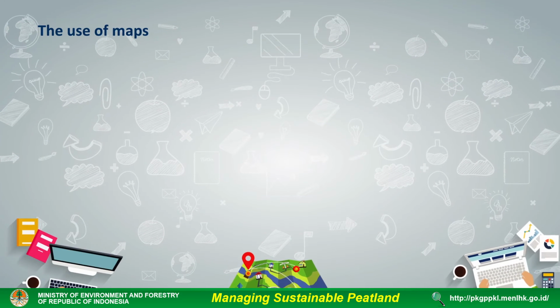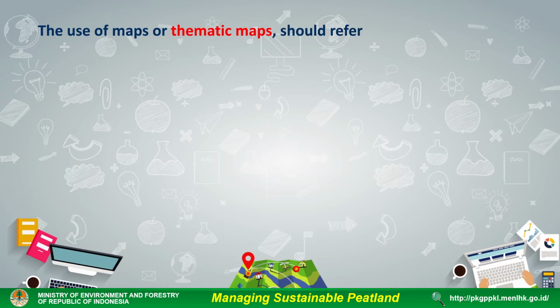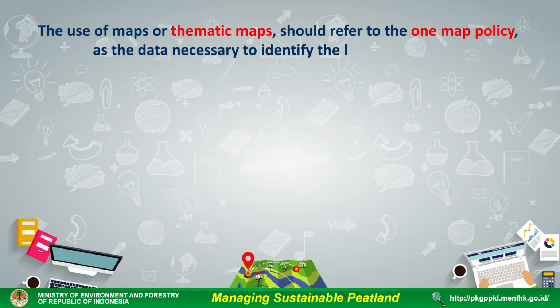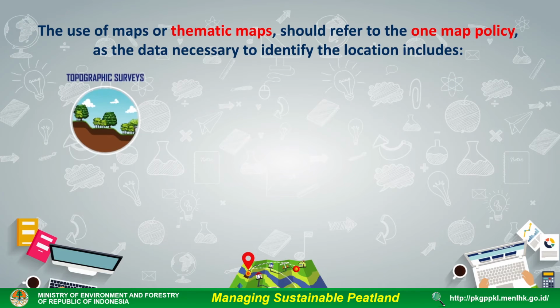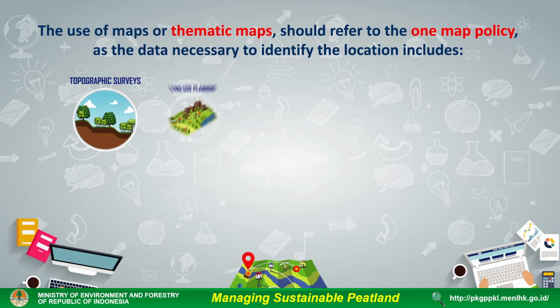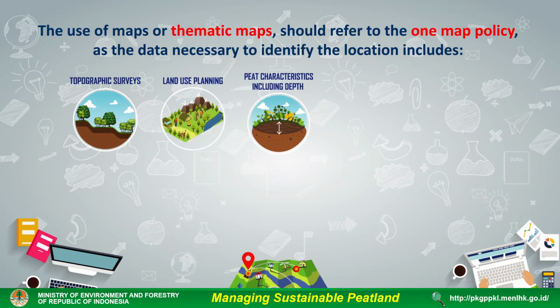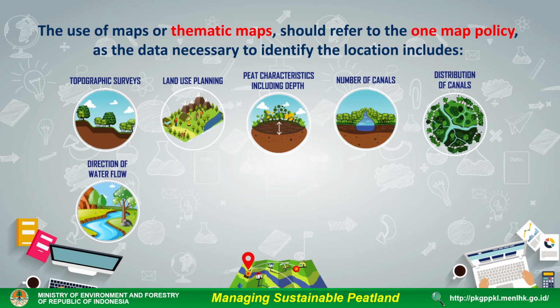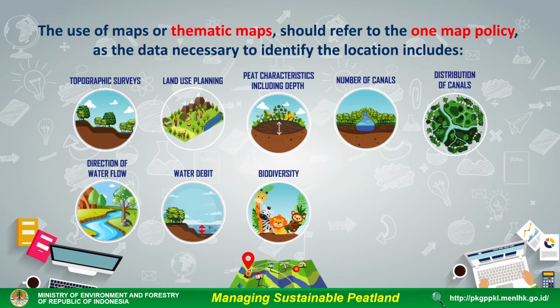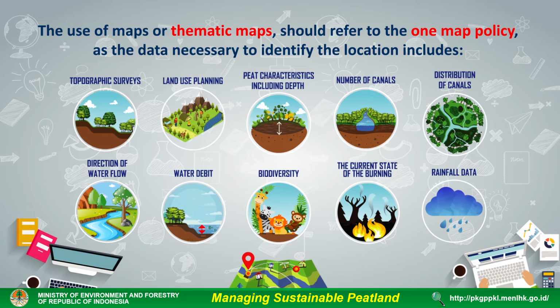The use of maps or thematic maps should refer to the One Map Policy, as the data necessary to identify the location includes topographic surveys, land use planning, peat characteristics including depth, number of canals, distribution of canals, direction of water flow, water debit, biodiversity, the current state of burning, and rainfall data.